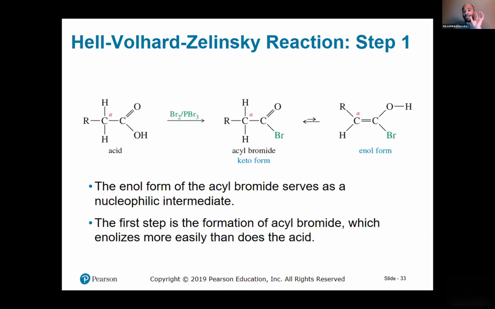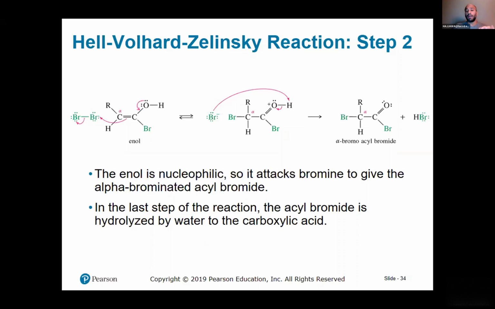But once the enol form gets generated, you can see clearly that the chemistry is going to take place from the C double bond C. The lone pair delocalizes to restore the carbonyl, and that C double bond C attacks the halogen to give you the alpha carbon halogenation, or the alpha carbon bromination in this case.